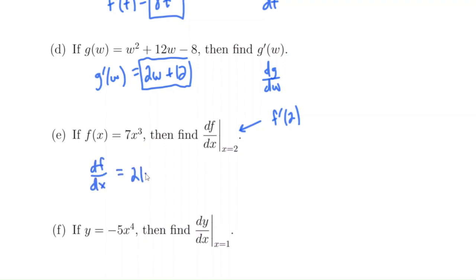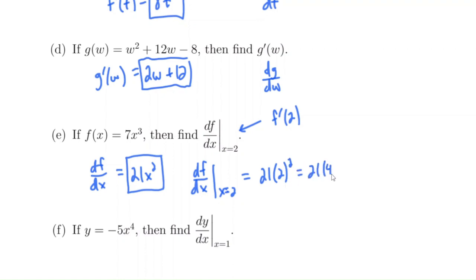That would be 21x squared. Now, what is df dx evaluated at x equals 2? Well, we just plug in 2 for x. So we'd have 21 times 2 squared. That'd be 21 times 4, which would be 84.